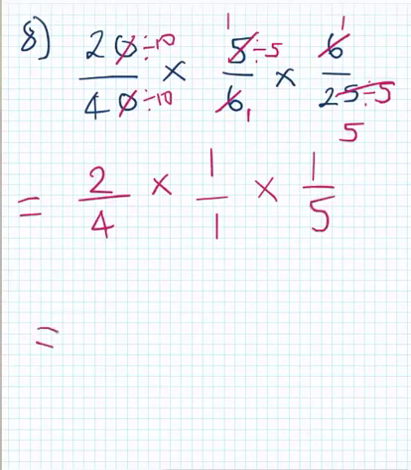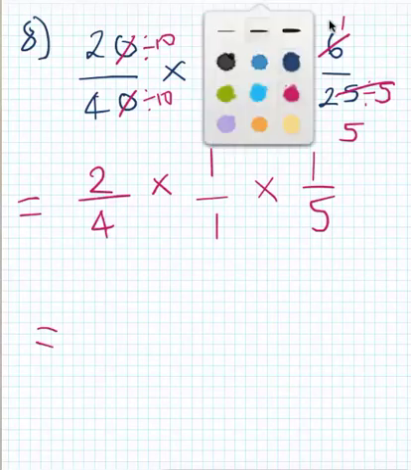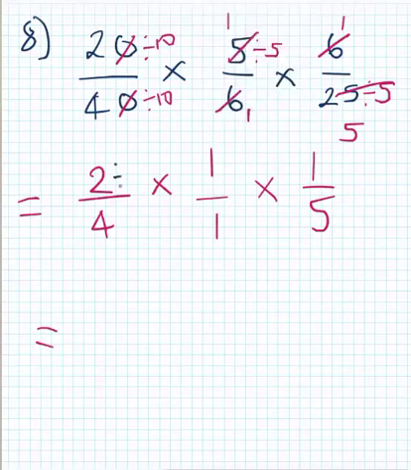Now, I can multiply these out because I have done a pretty good job in simplifying, but guess what? I can see a 2 on top and a 4. That means I can divide 2 and 4 by a common factor of 2. So 2 divided by 2 and 4 divided by 2, I'm left with 1, and 4 divided by 2 is 2.